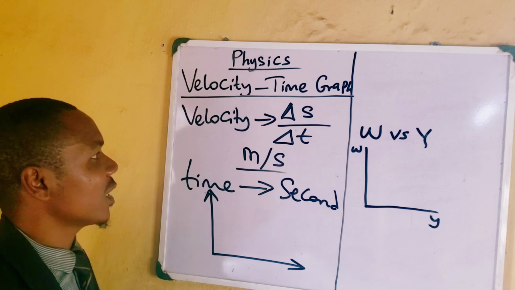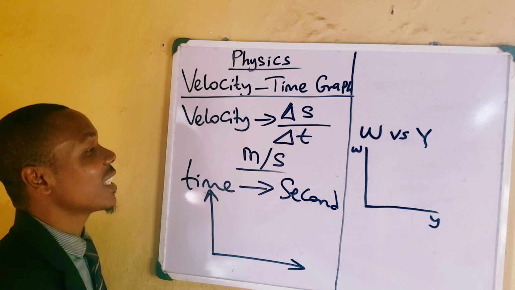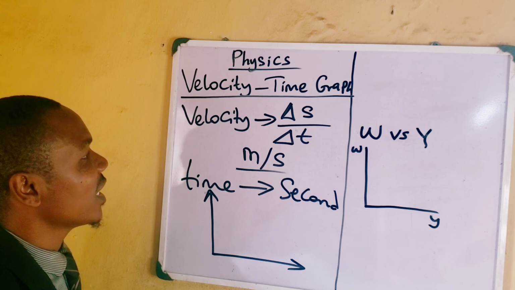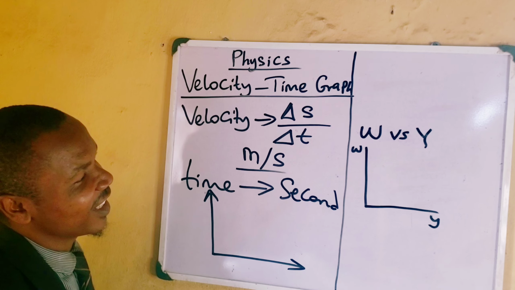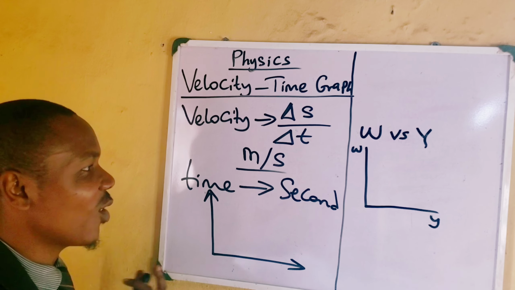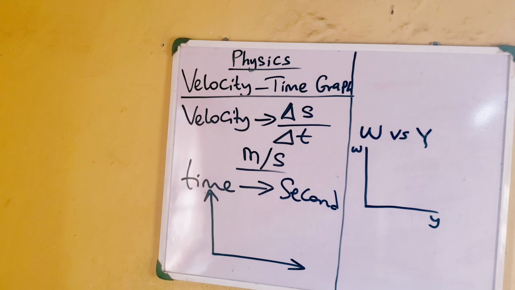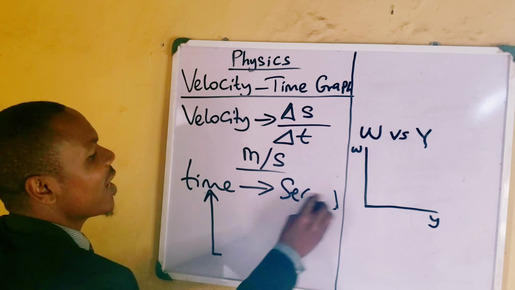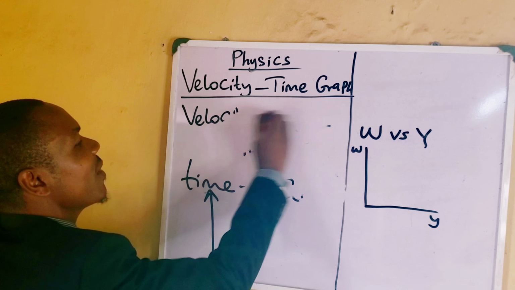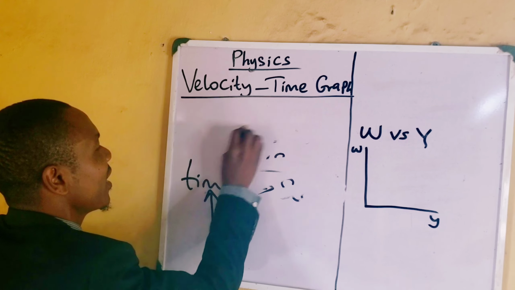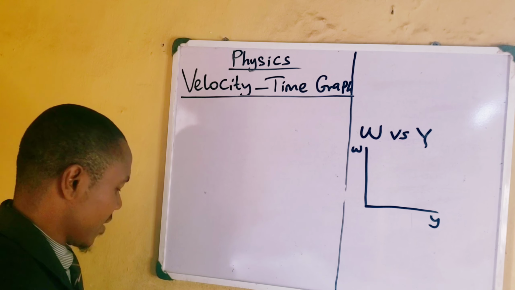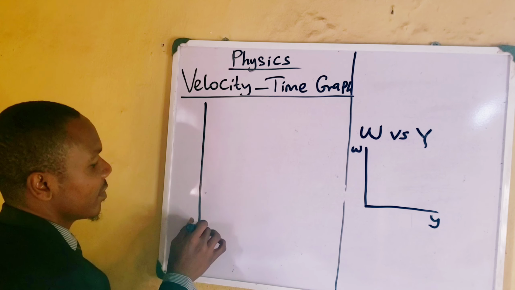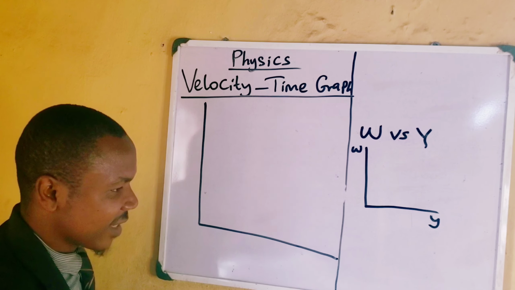All right. I noticed again that what people find difficult is how to get the scale of the graph. What do I mean by getting the scale of the graph? For example, if I have a graph like this, I already have my y-axis and my x-axis here.